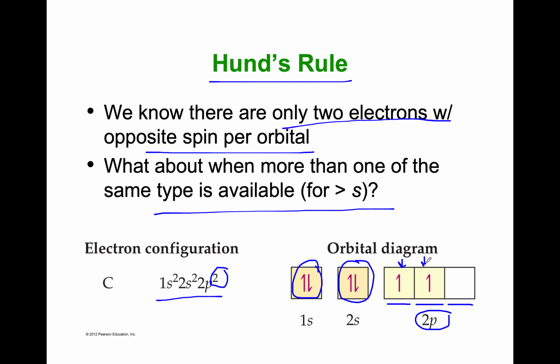It's like renting an apartment in San Diego. There's no way you would pair up and share 1 room and have 2 empty rooms. You definitely want your own space. That's the same for electrons. So remember, these arrows are negative charges, so they're repelling each other, so we want to give them their space, okay?